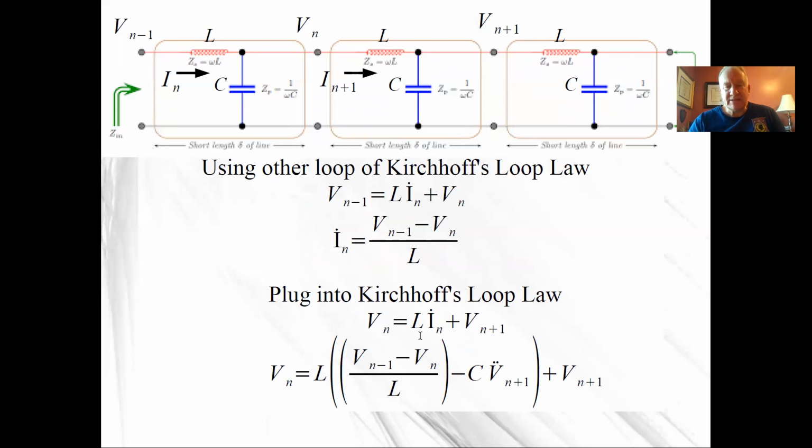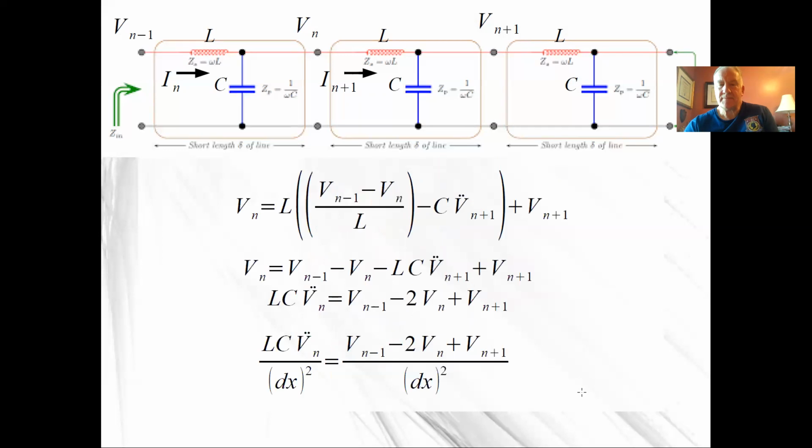So I plugged it into here, and now I'm going to solve for V_n. I can factor out an L, and I end up with this equation. So I just copied over that equation, and I'm going to multiply through by L to clean up this equation a little bit.